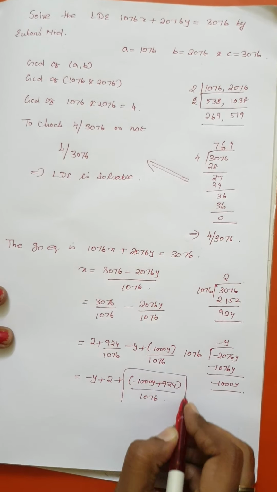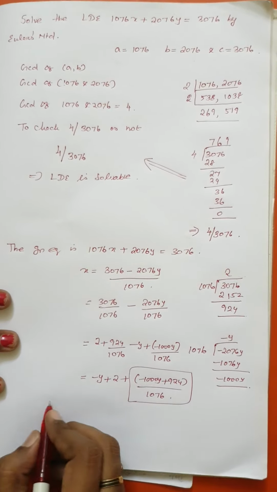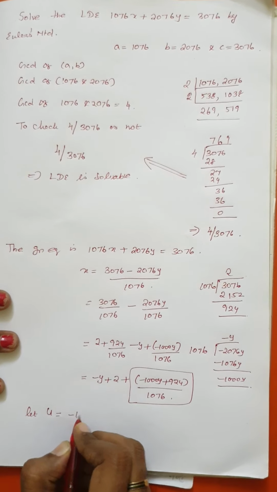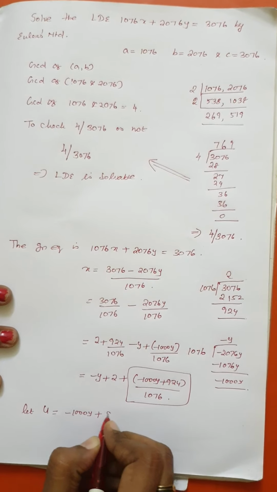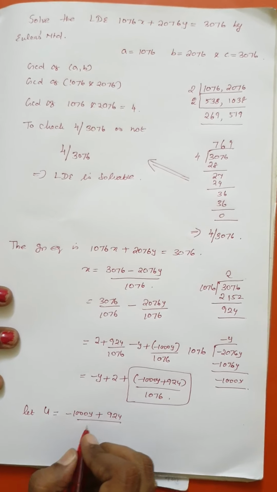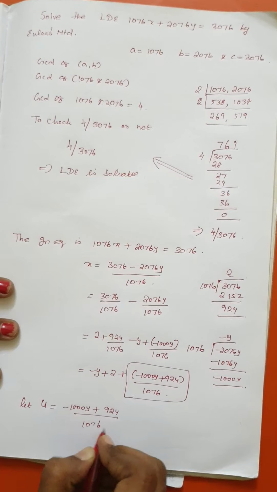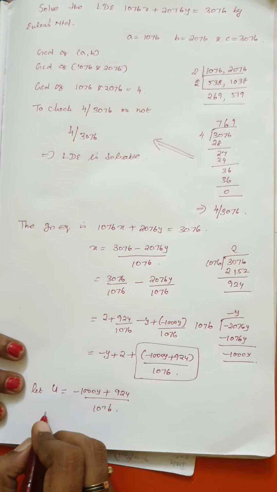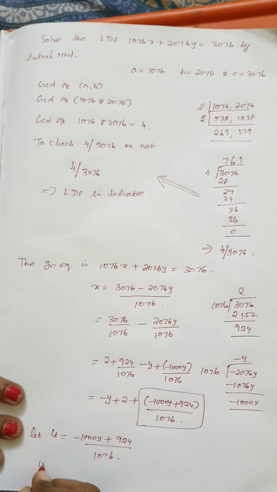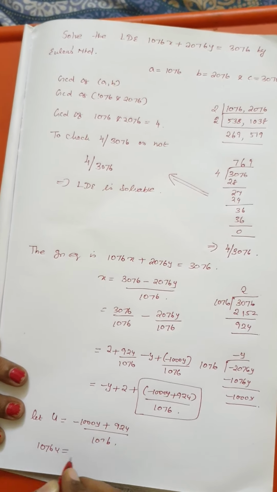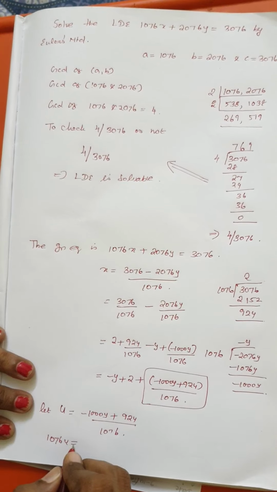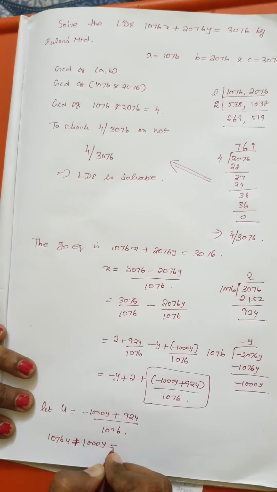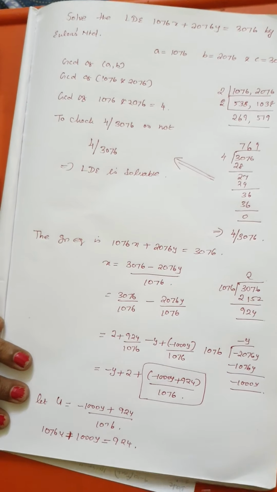So here we consider this rational number as u. Let u be equal to minus 1000y plus 924 divided by 1076. So from this we can write 1076u equal to minus 1000y plus 924, that is, 1076u plus 1000y equal to 924.